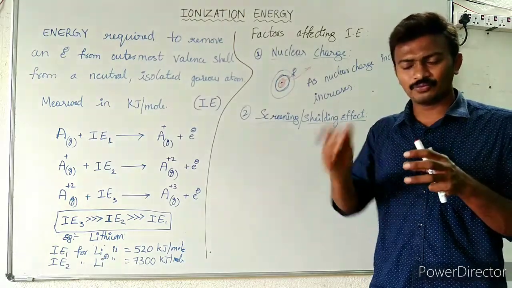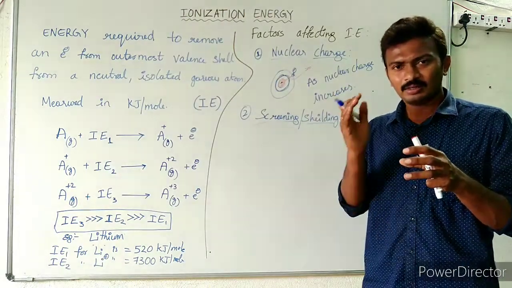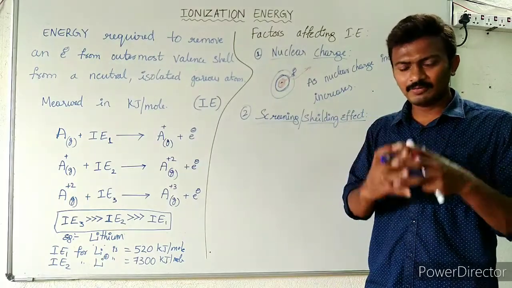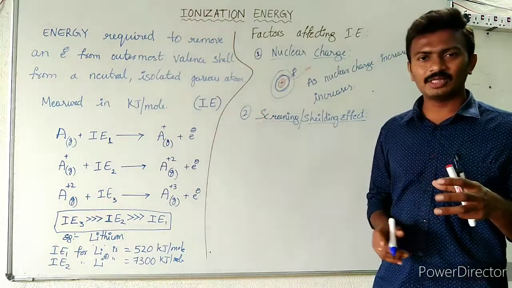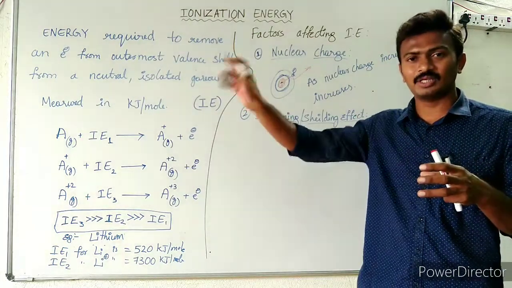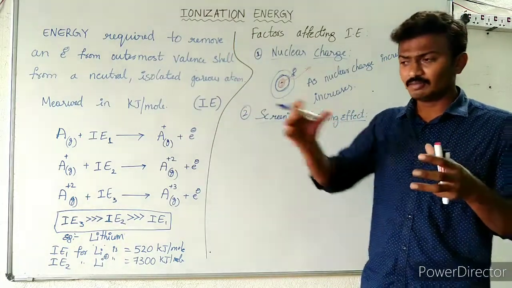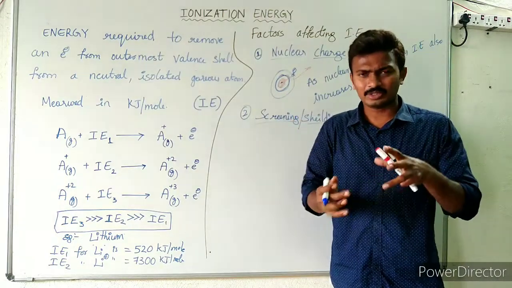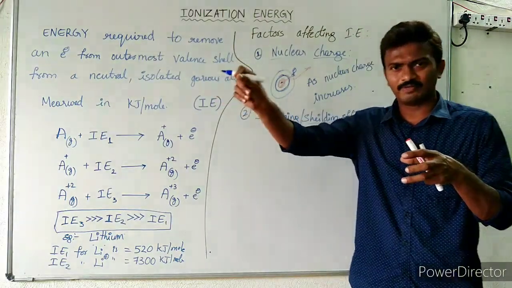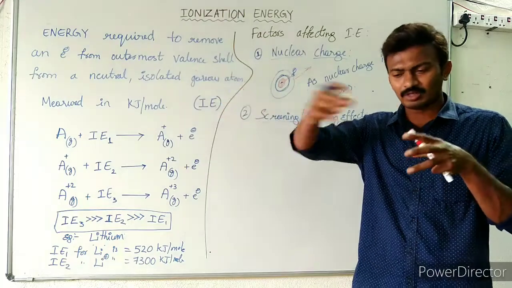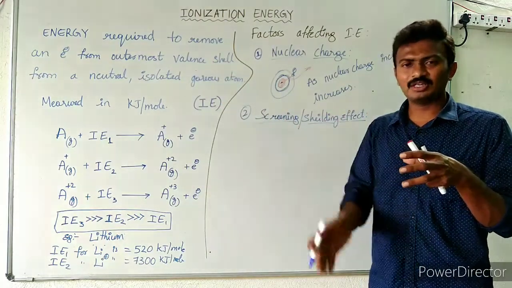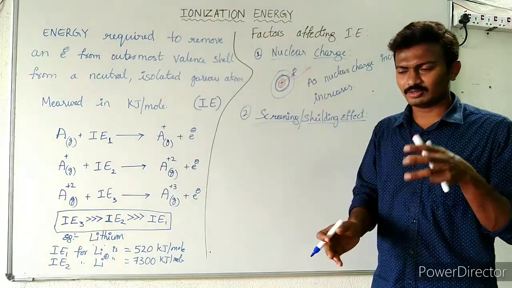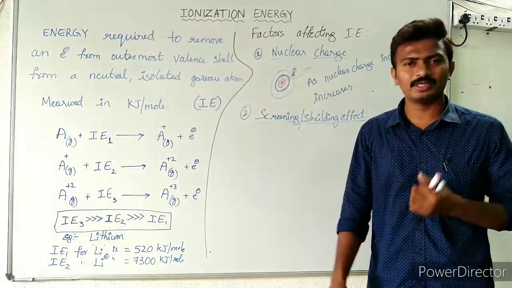So greater the number of orbitals, greater the number of shells between the nucleus and the valence electron, lesser will be the energy required to remove that electron, because it is well protected from the nuclear charge. The nucleus is not going to affect this valence electron strongly, because there are many shields here, so therefore it can be easily removed.